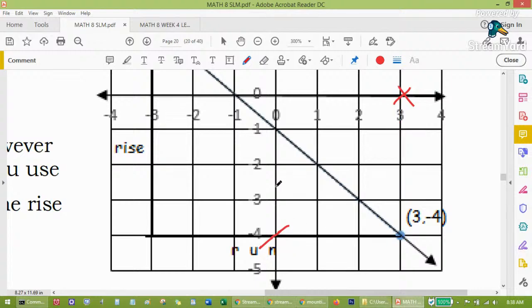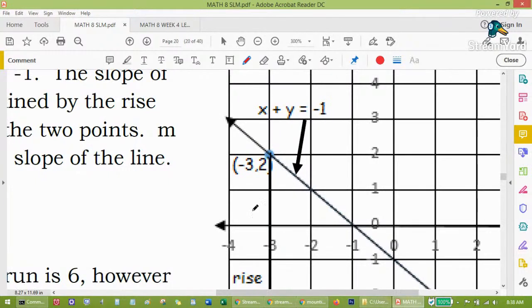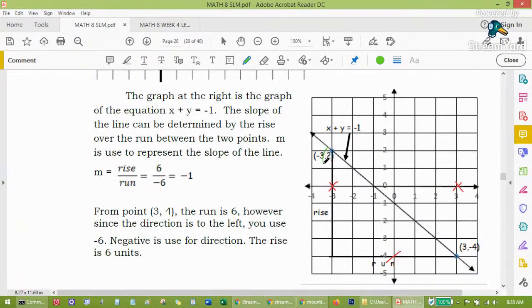Pag nag-drawing tayo ng linya, pag ganyan. Okay? And the second point is x is -3 and y is positive 2. So, pag y, positive 2, dito tayo titingin sa y-axis.